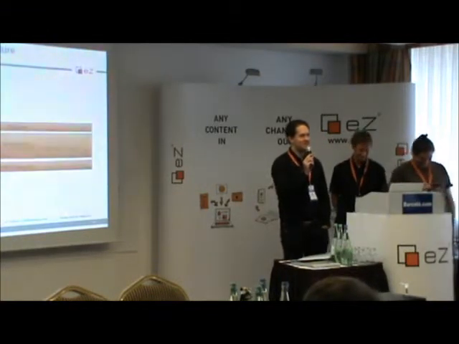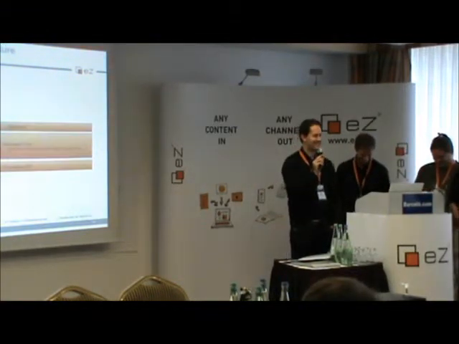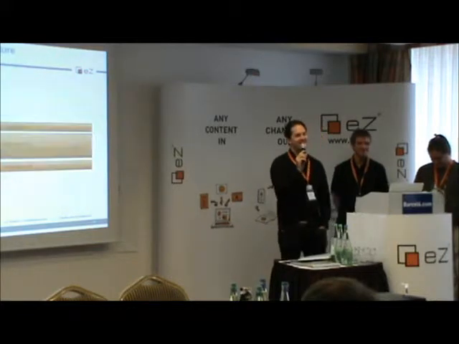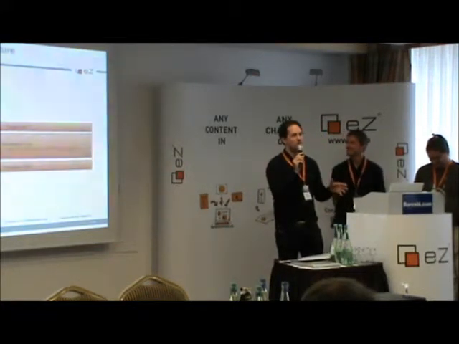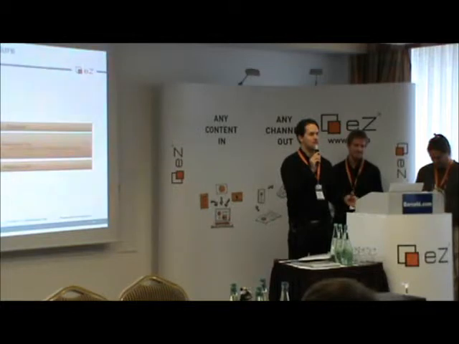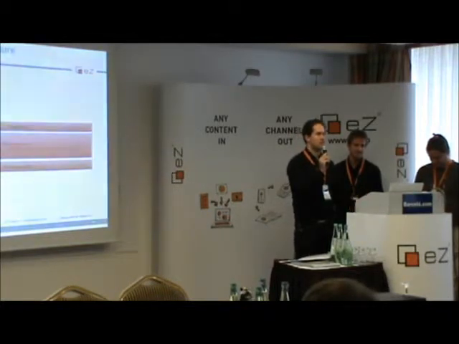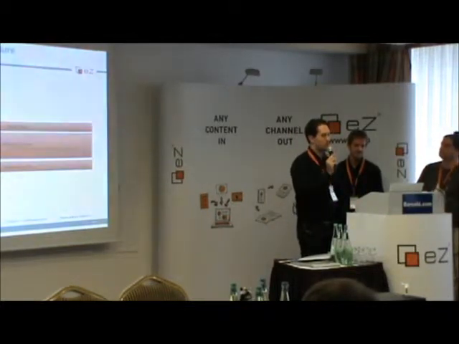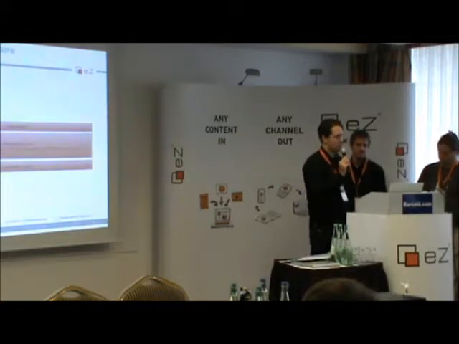Storage engine is, good luck. It's basically what we refer to when you want to point eZ Publish to another database than MySQL, for instance. You want to use NoSQL or whatever. Then technically it's the persistent SPI. In normal words, storage engine.